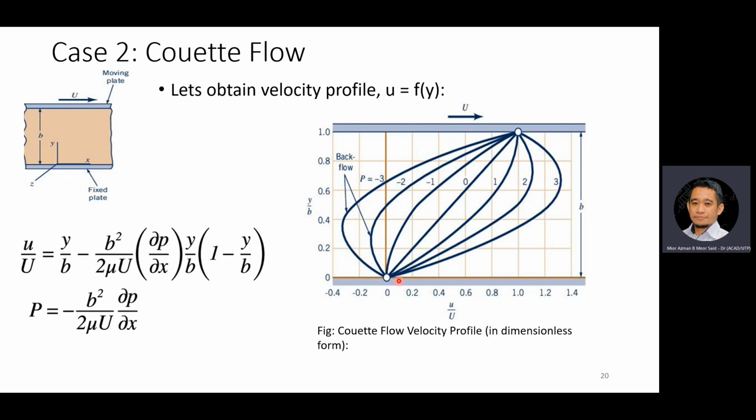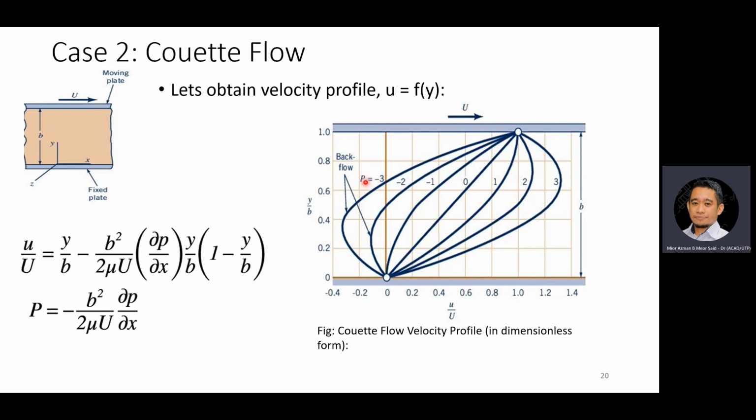If P equals 1, the curve moves forward, and if P equals 2, the curve will become more forward, then 3 will become more forward, and if P is -1, it becomes a bit towards the back.